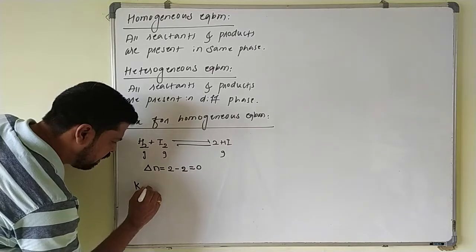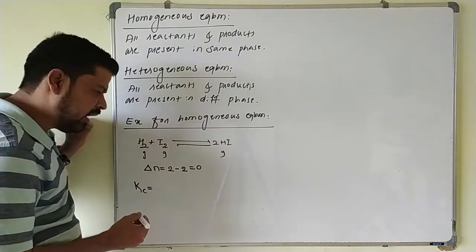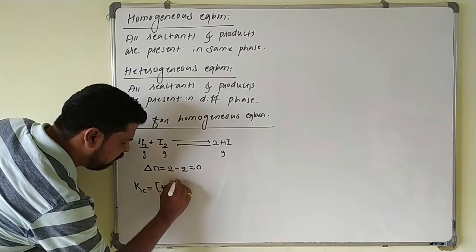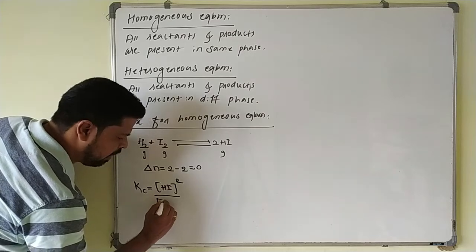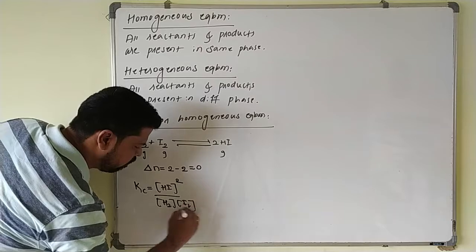Kc is the equilibrium constant in terms of molar concentration of products and reactants. Kc equals the molar concentration of HI power 2 divided by the molar concentration of H2 times the molar concentration of I2.